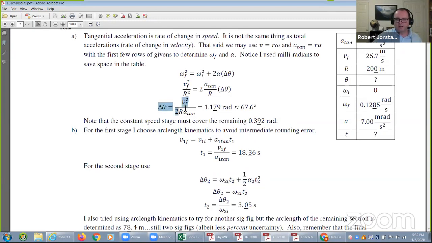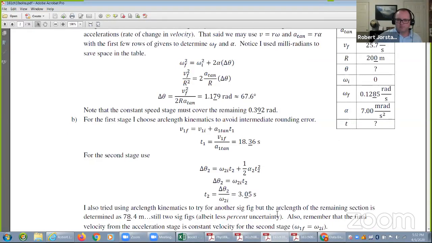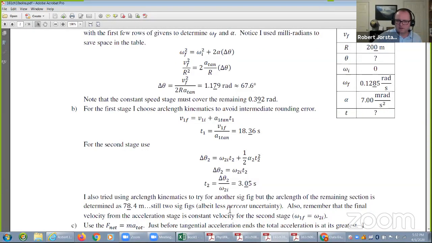Because I know all the rotational variables from part A. So you could use either one of the kinematics equations. I chose the arc length version up here for the first stage, and I chose the angular version down here for the second stage. And then there's some weird note, whatever. Okay, that's cool. So depending which way you do it, you might get different sig figs, but whatever. All right.